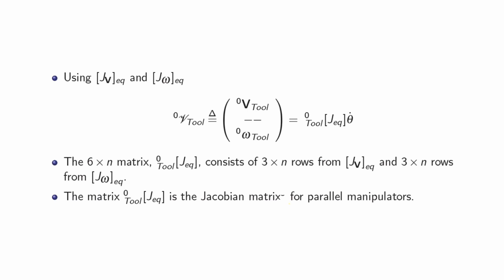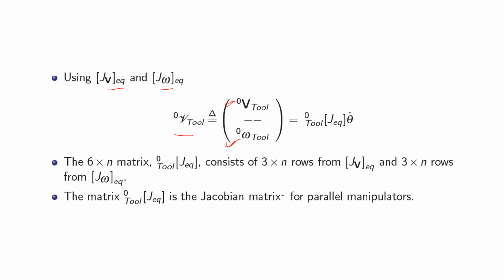So now with that Jv equivalent and J omega equivalent, we can write the equivalent Jacobian in this form. So we have on the left hand side the linear velocity of the tool and the angular velocity of the tool, right? They are separated by a dash here.